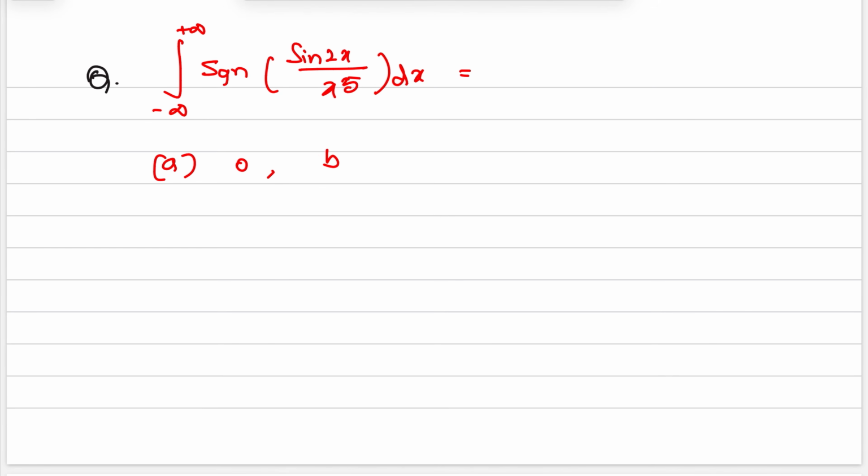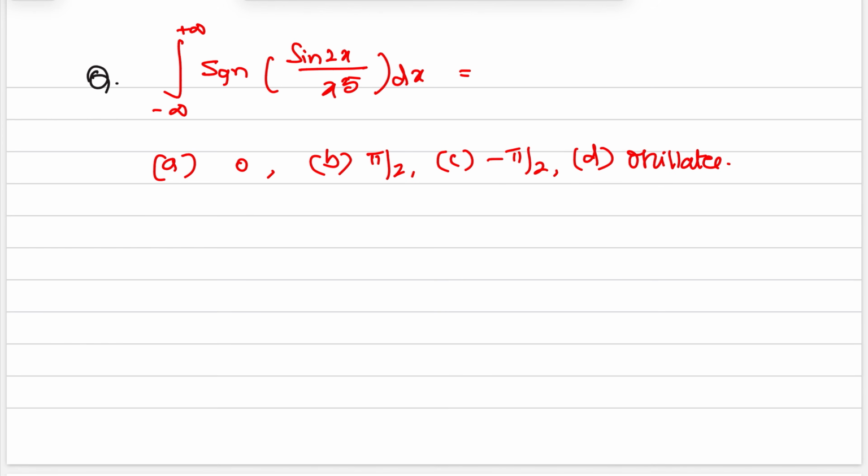Find the correct multiple choice answer: the integral of sin 2x by x to the power of 5 dx is equal to: A, 0; B, pi by 2; C, minus pi by 2; D, oscillates.